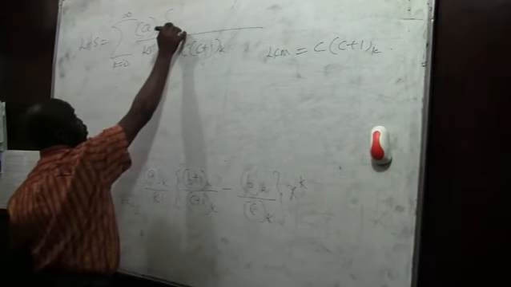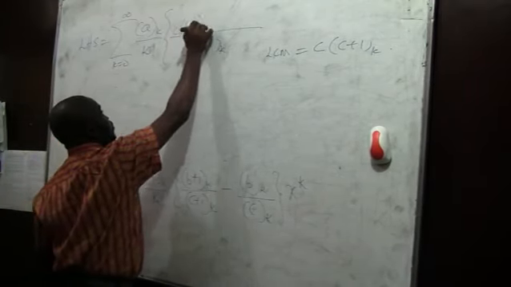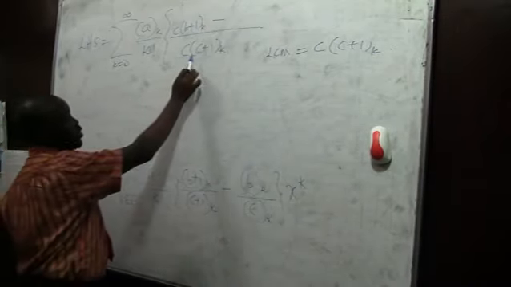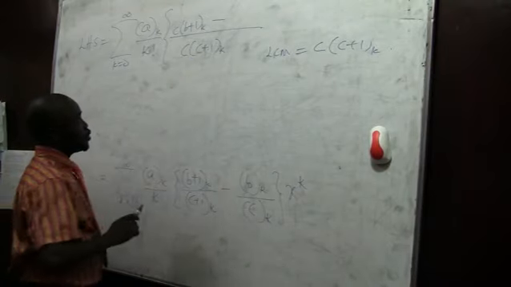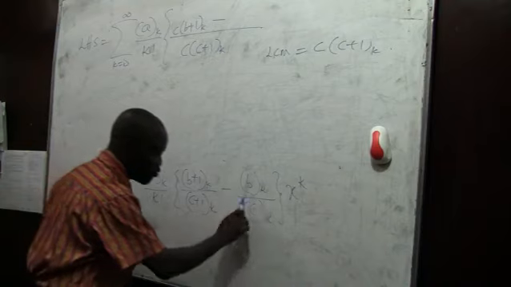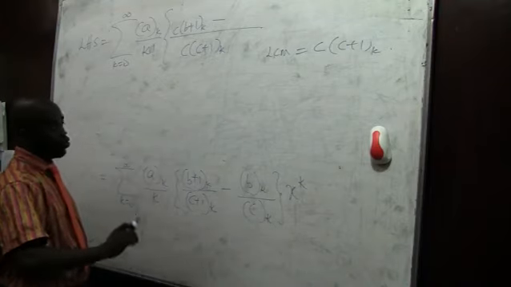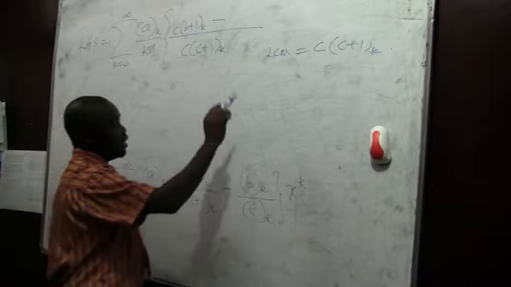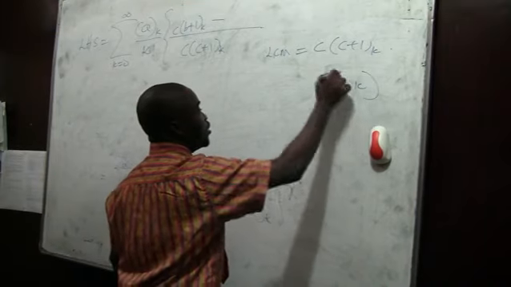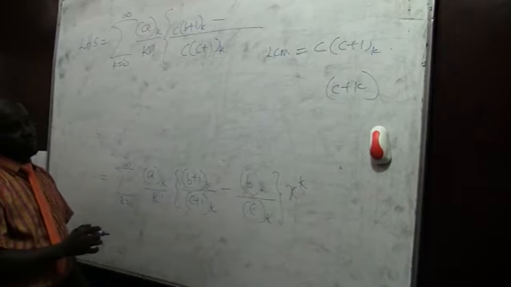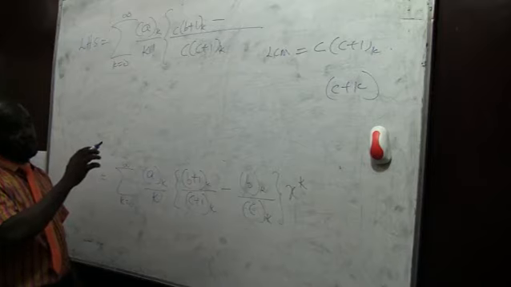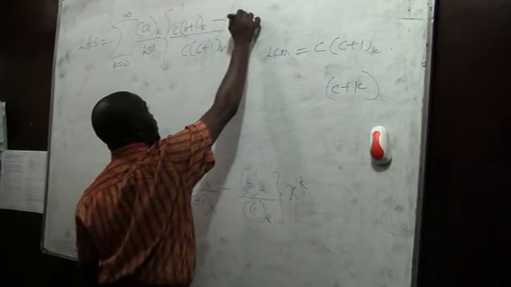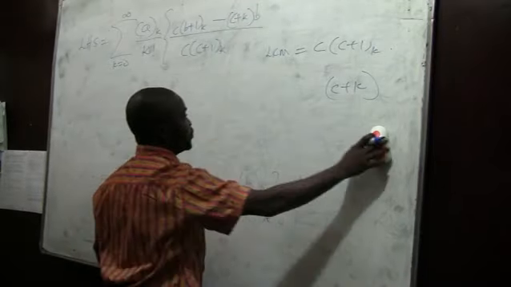Multiplied by the numerator, we have c into b plus 1 sub k minus c multiplied by factorial function of c plus 1 divided by factorial function of c. What do we have? If you observe very well, the only thing that will be left is the last term of the c plus 1 factorial function, which is c plus k. And that becomes c plus k multiplied by the numerator.